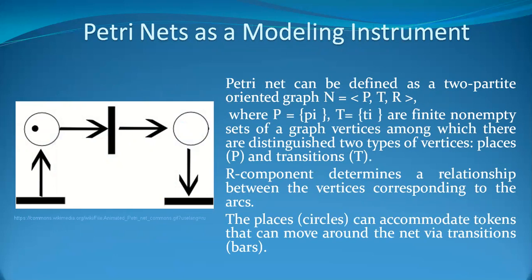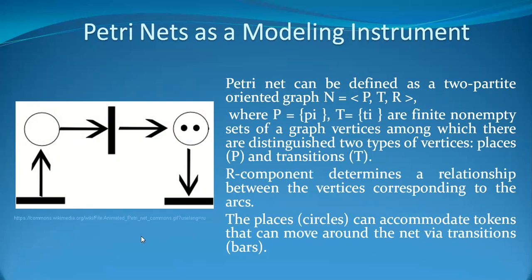Petri nets make a modeling formalism with a graphical representation and a precise syntax and semantics. According to theory, a Petri net can be defined as a two-partite oriented graph which includes two types of vertices, in particular places, which are designed as circles, and transitions, which are designed as bars.